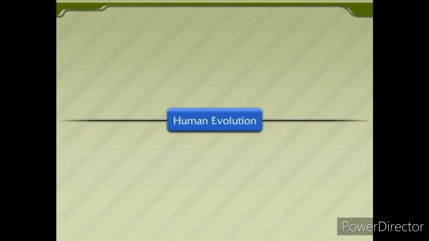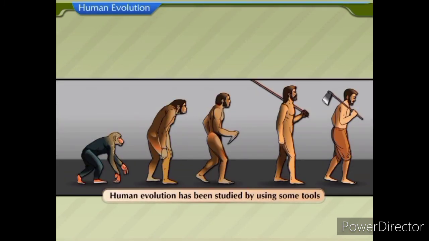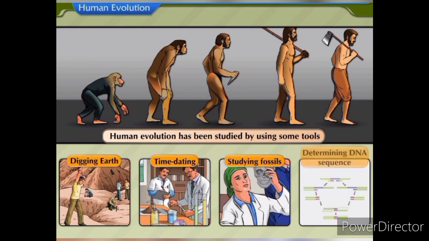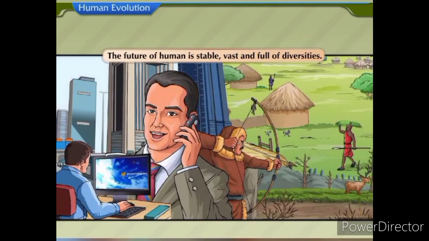Human evolution. Human evolution has been studied by using tools like digging earth, time dating, studying fossils, and determining DNA sequence for tracing evolutionary relationships. The future of humans is stable, vast, and full of diversities.